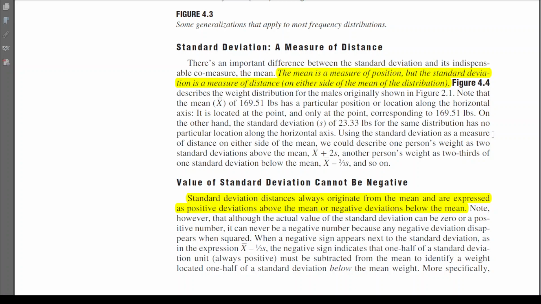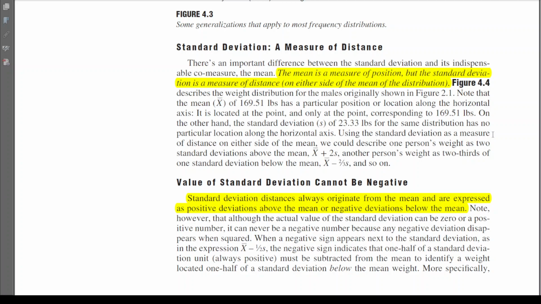Using it, we can identify the position of an observation in a distribution. So when we say that an observation is one standard deviation above the mean, what we mean is that to arrive at that point in the distribution, we add one unit of standard deviation to the mean.